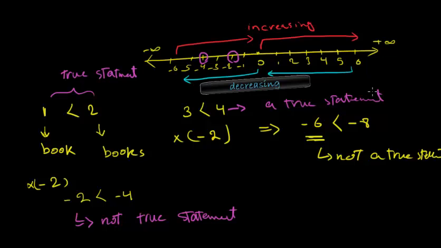Now let's work with some examples. -4x greater than 12. Again, our goal is to isolate x on the left side of the equation. Right now we are multiplying x by -4, so we can divide each side by -4.